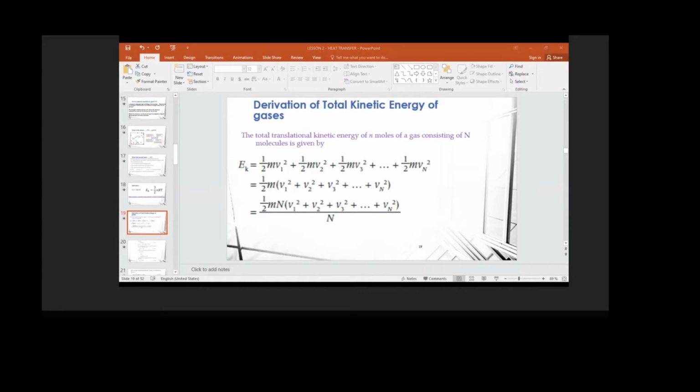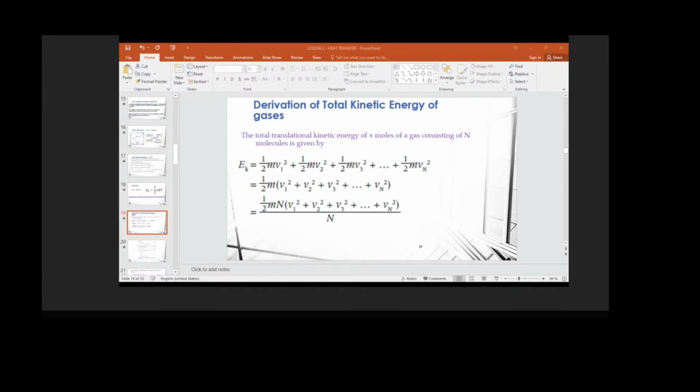All right, so this is the starting of deriving the kinetic energy of gases. The first line tells us that, remember we said that individual gas particles in a container will have different kinetic energy.